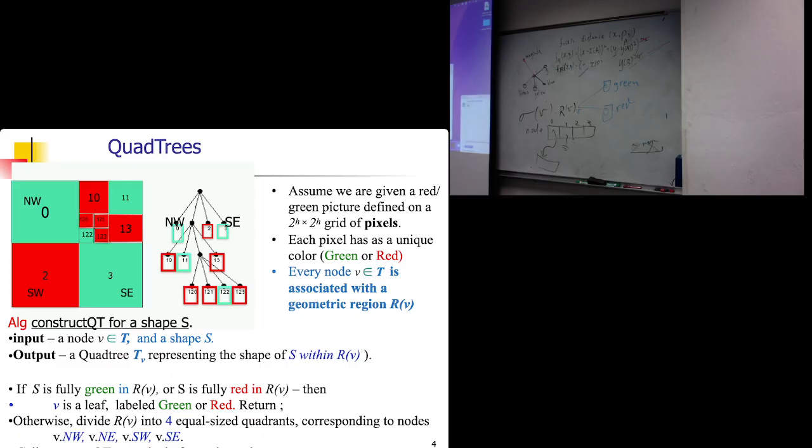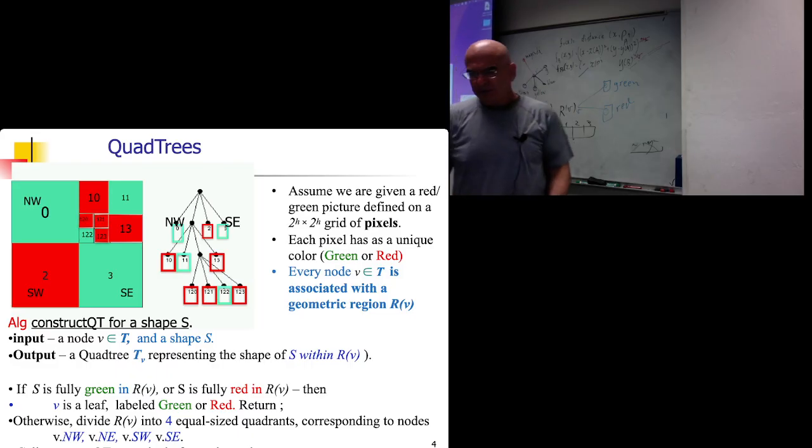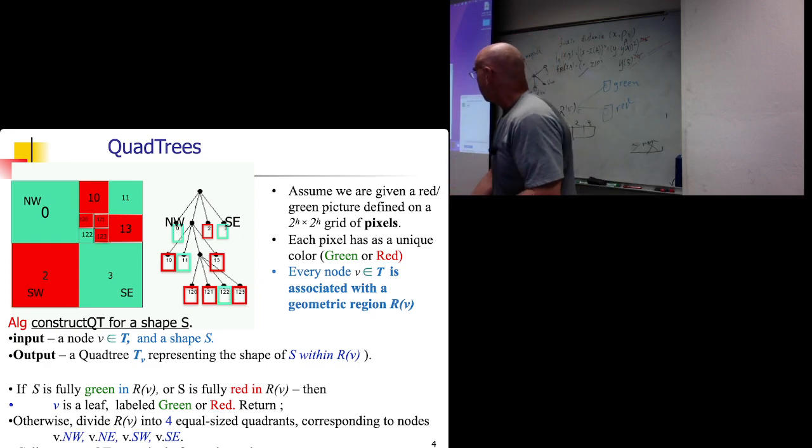Same for 1, 0, fully red, and only 1, 2 needs to be further split because it's neither fully red nor fully green. So again, split it into 4 quadrants corresponding to these 4 children, and that's it. You see, this is the whole construction.